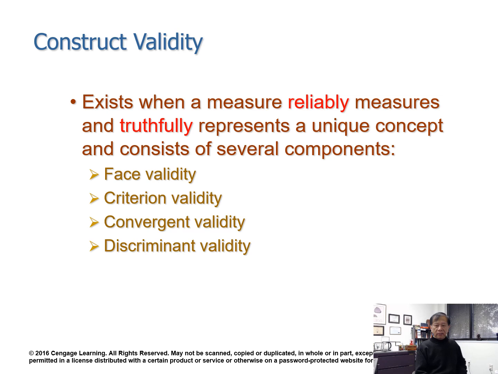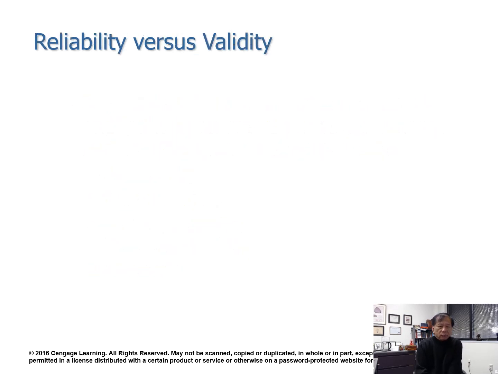Convergent validity means all the measurements converge to the same true level. Discriminant validity means that if you're measuring something else, it gives out a different number. It also has fit validity, fitting your models.